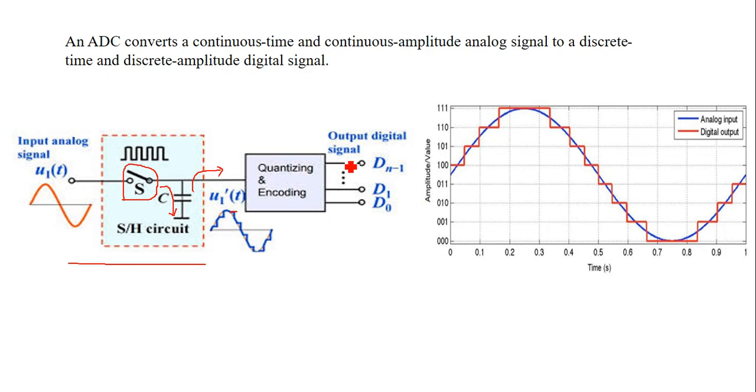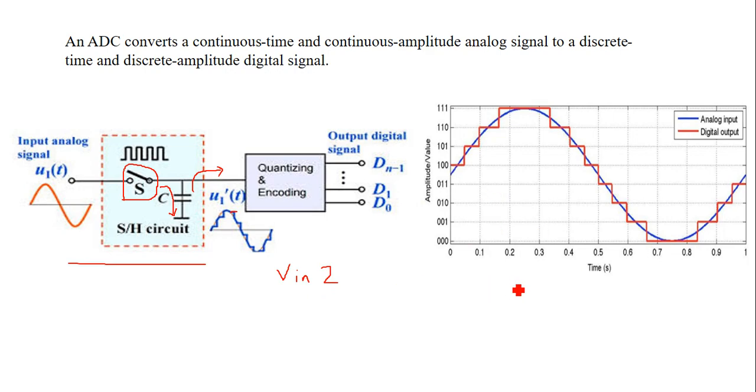Here you can find one analog signal, this blue line is the analog signal, and this red waveform is the digital form. For example, if I take one example, V in is 2 volt, the ADC input is 2 volt.